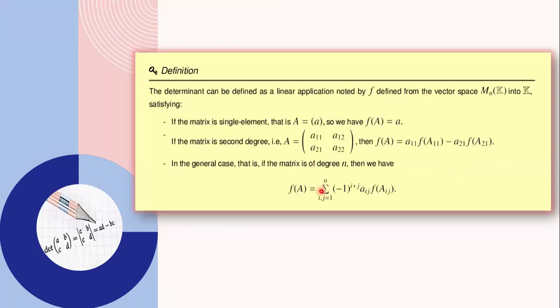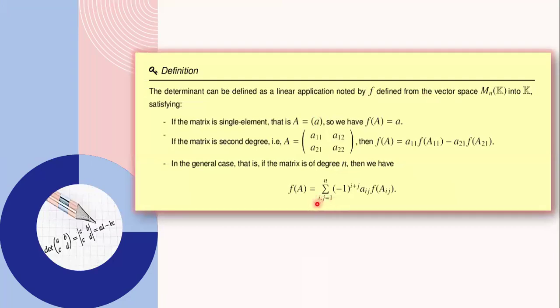In the general case, that is, if the matrix is of degree n, then the image of A under F is expressed as you can see. The sum where i is fixed, j goes from 1 to n, and we can change. We fix j and i goes from 1 to n. What does it mean that we fix i or j?